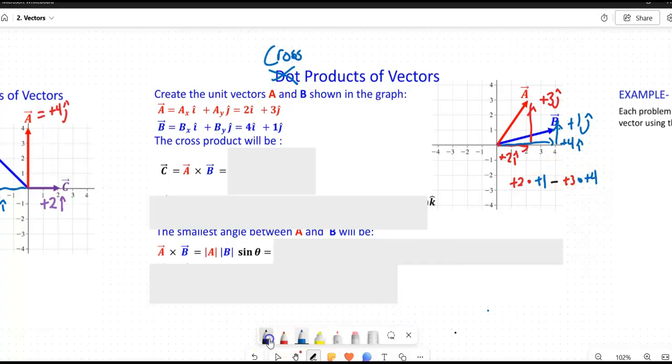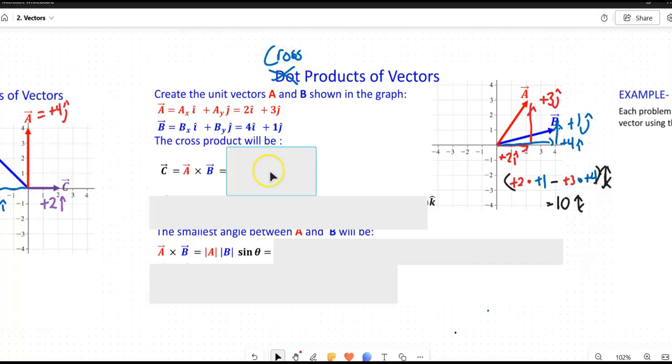And the end vector is going to be a k hat vector because i times j is always k. So I'm guessing the answer is going to be like 10 k hat, maybe negative. Anyways, let's try it out.